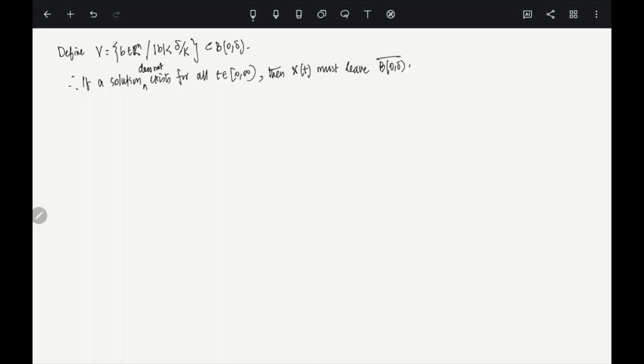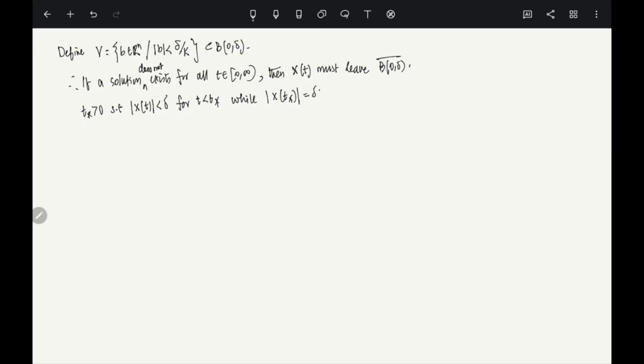So we are assuming that there is a t star positive such that |x(t)| is less than delta for t less than t star, while |x(t star)| equals delta. Is it okay? So what we are saying is this: up till t star, for all t less than t star, x(t) is within the ball.